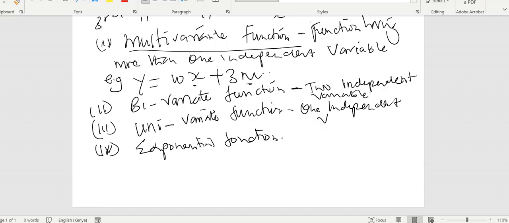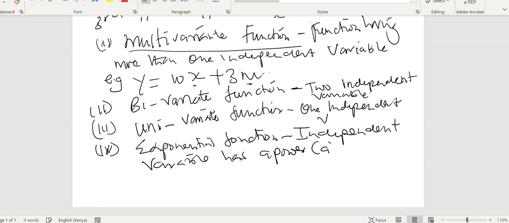So an exponential function is where the independent variable has a power, e.g. y is equals to a raised by x.